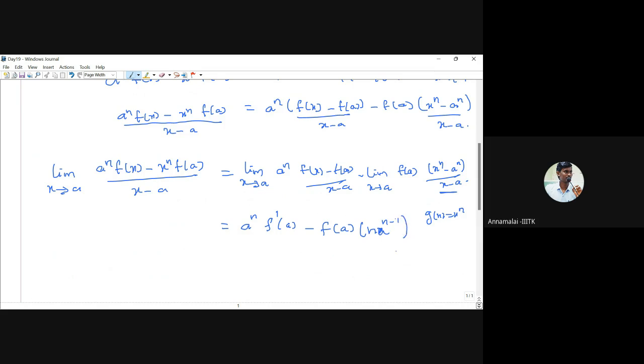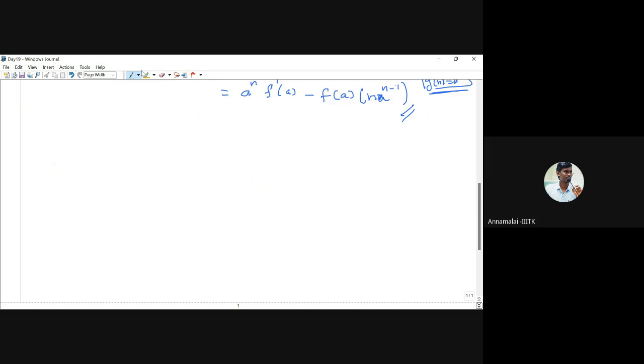So this is the value of this limit, because (x^n - a^n) / (x - a) is nothing but the derivative of the function g at the point a. Here we specifically took the function g(x) equal to x^n, but we can generalize this result to any g(x). Now we solve some more problems.